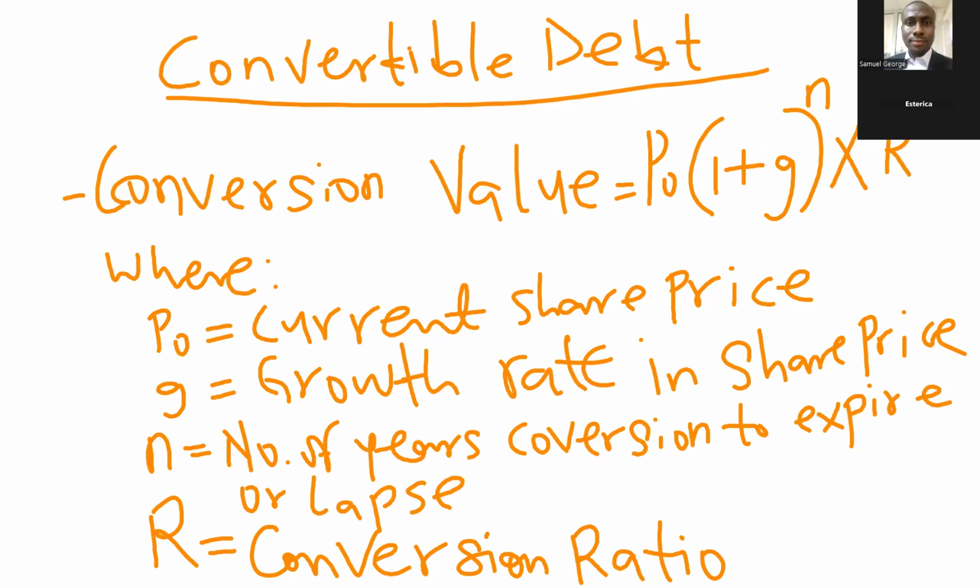For every 1,000 bonds, you are going to get 40 shares, or 90 shares, or 300 shares, or 50 shares. That is the conversion ratio. So if for every 1,000 bonds you're going to get 35 shares, our R will be 35.